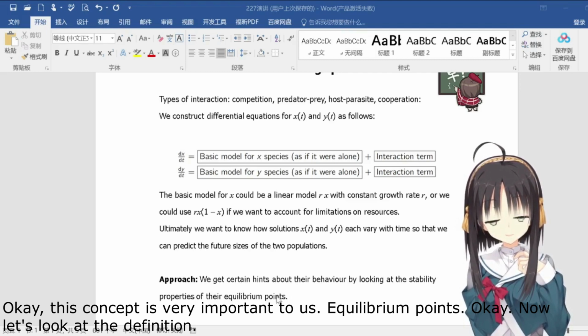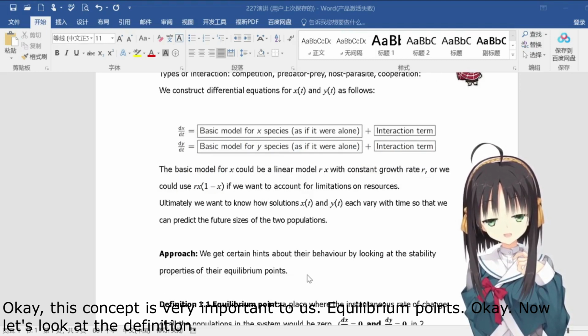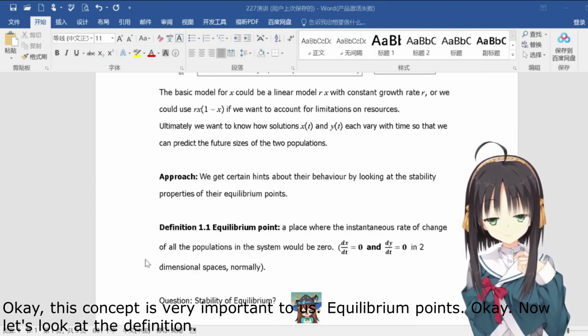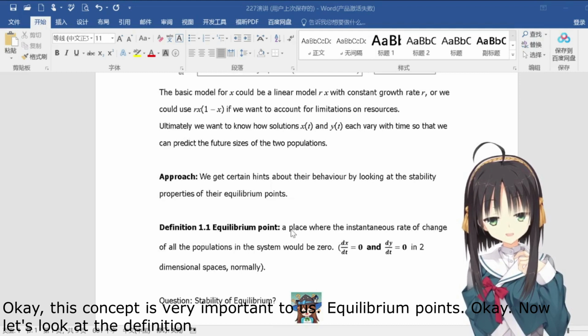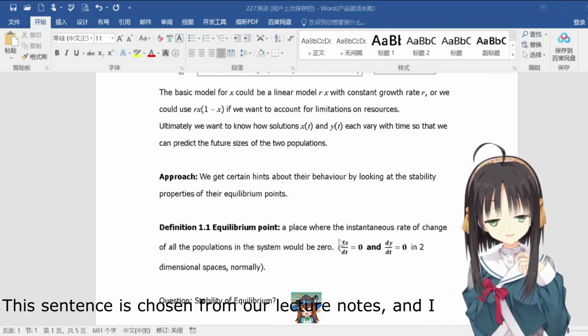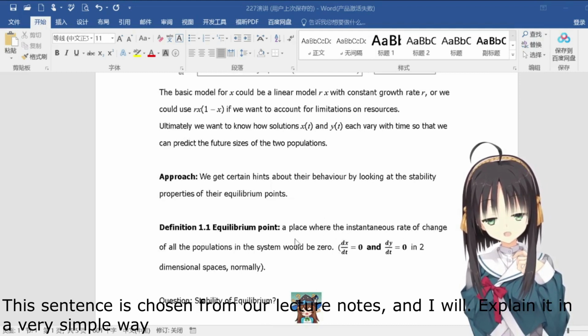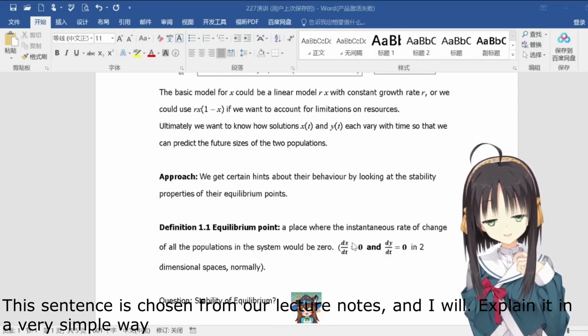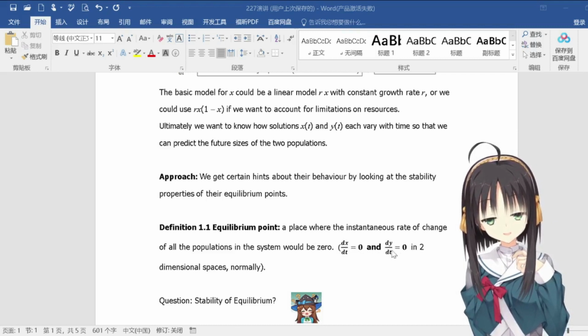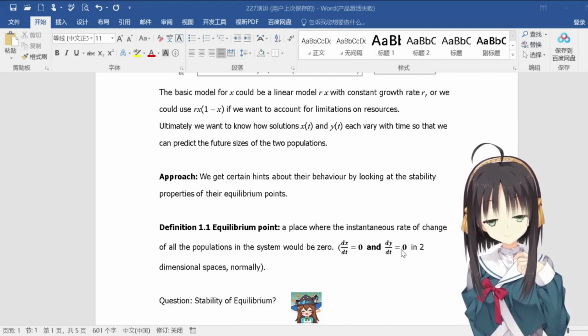Equilibrium points. Now let's look at the definition. This sentence is chosen from our lecture notes, and I will explain it in a very simple way: dx/dt equals 0 and dy/dt equals 0.